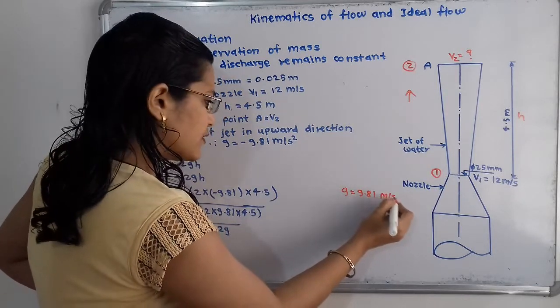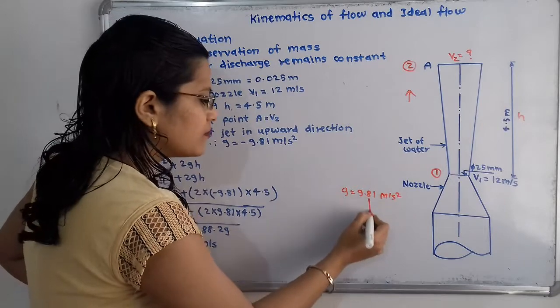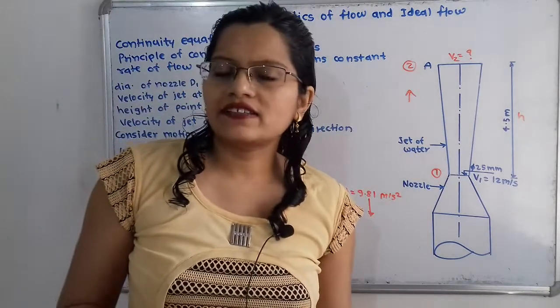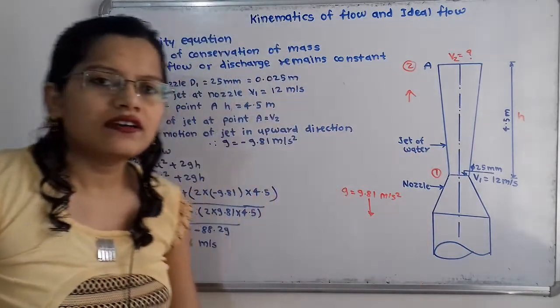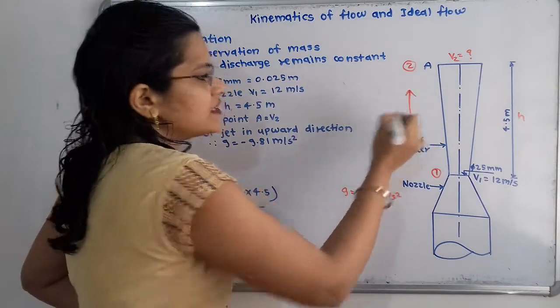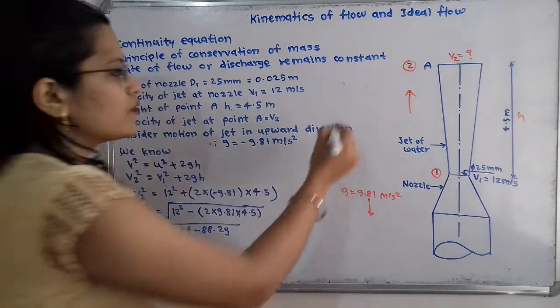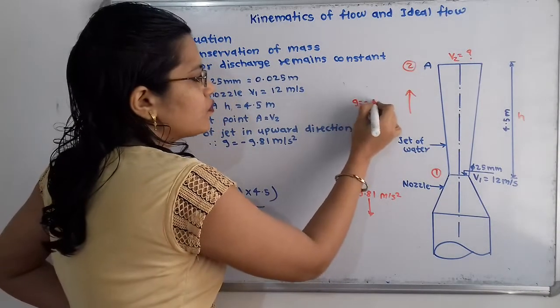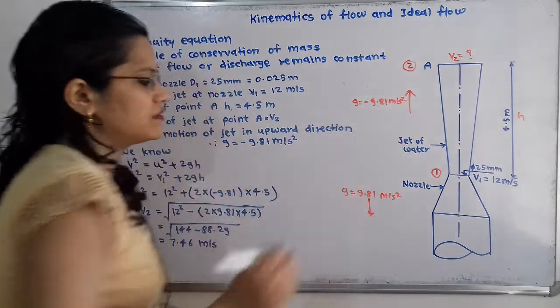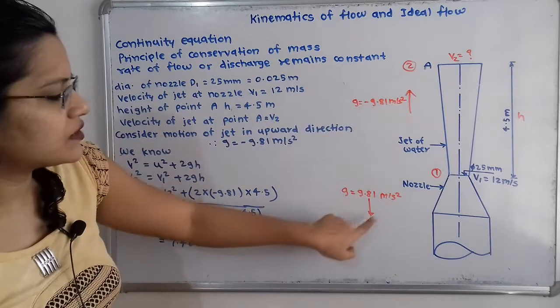but this value is for motion in the downward direction, because gravitational acceleration always acts in the downward direction, but here the motion is in the upward direction. So we have to take g is equal to minus 9.81 meter per second square, because these are in opposite directions.